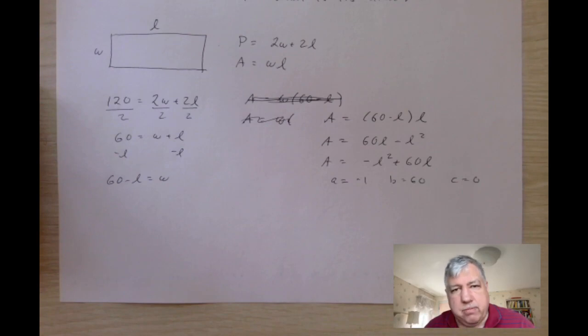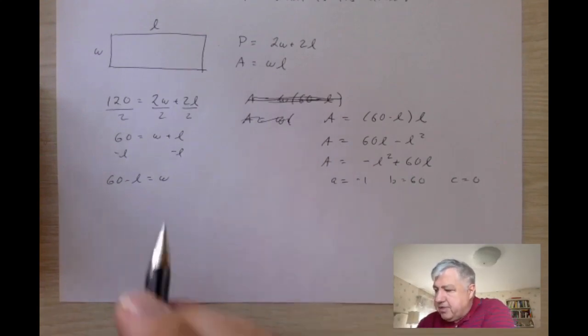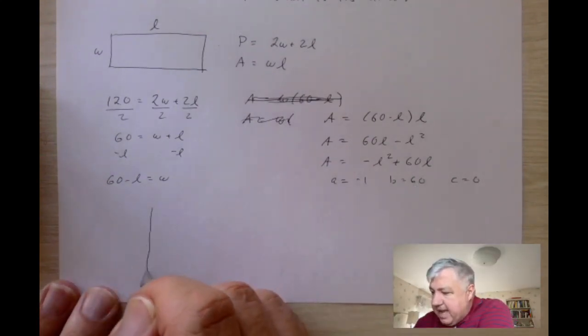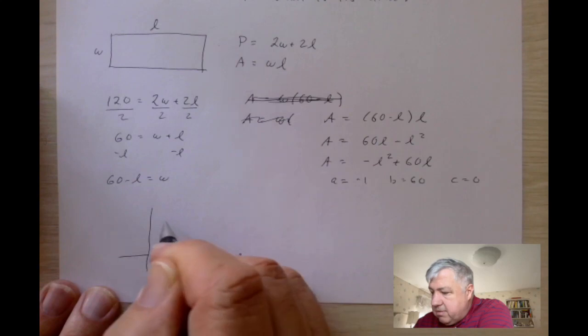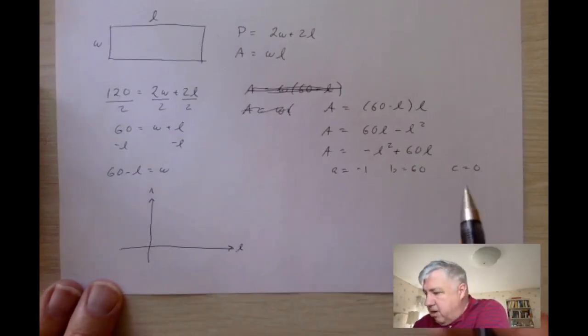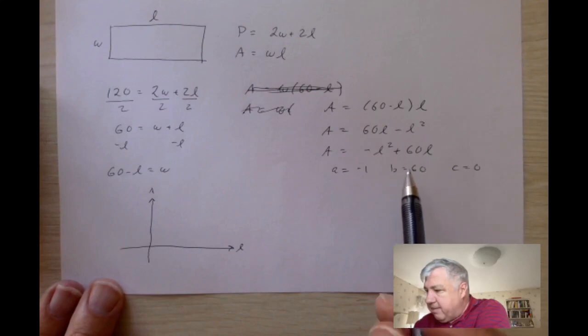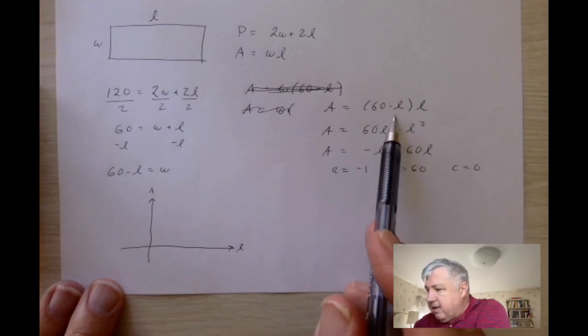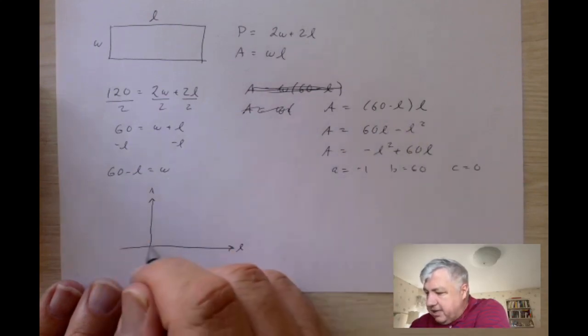All right. Well, what are we going to do? We're trying to find the maximum area. And what this shows is if we were to graph this on the AL plane. Okay, we don't see many AL planes, but here we also know that A is 0 when L is 0 or 60.